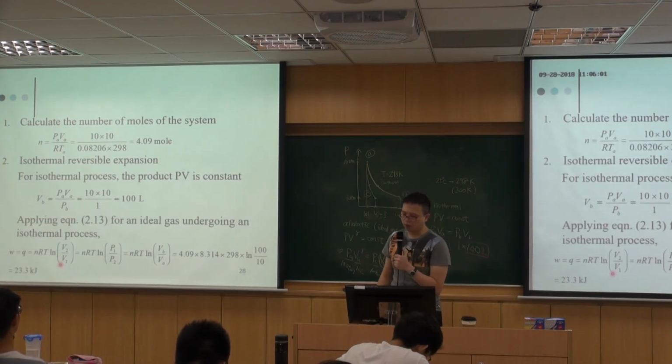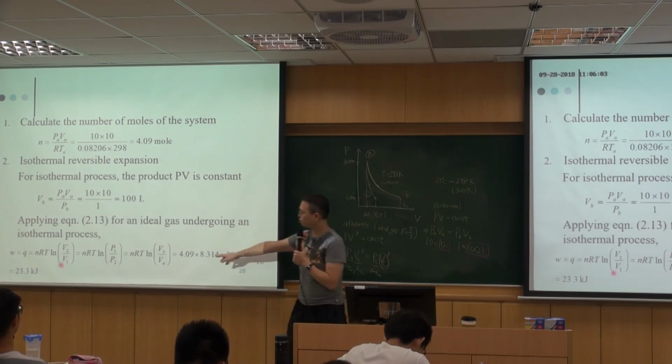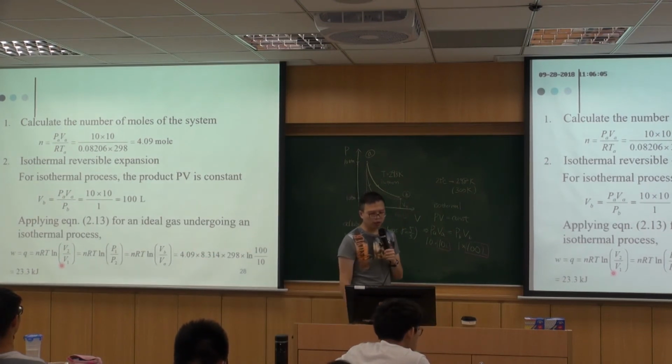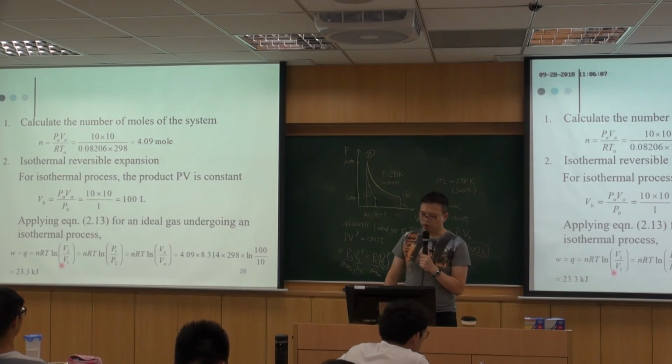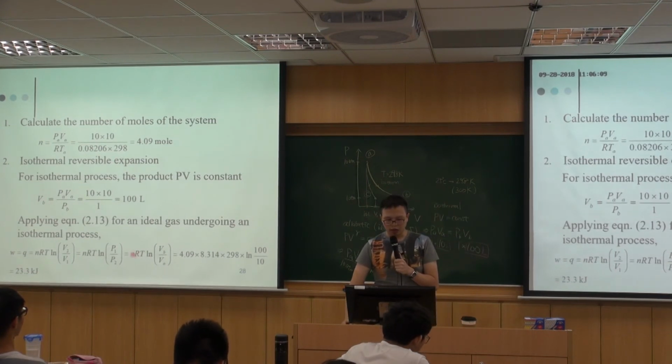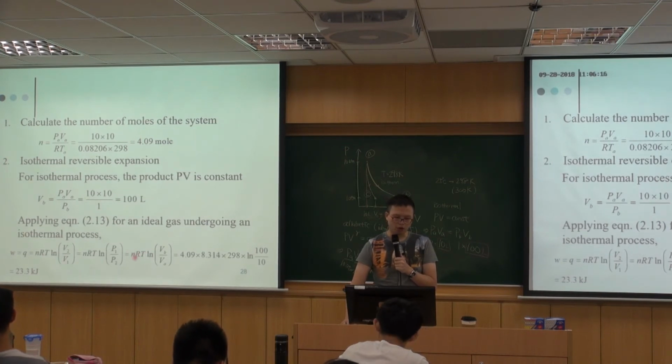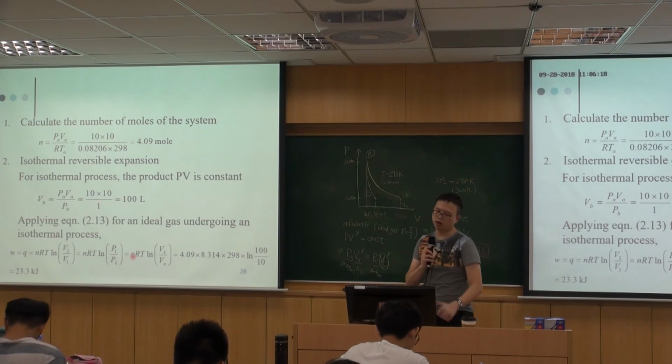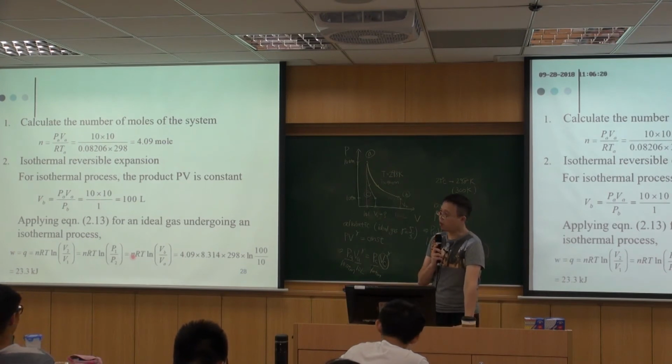So this will be natural log 10 over here, times the constant R and temperature, which is 298 Kelvin again, and there are 4 moles of gas particles in this system.